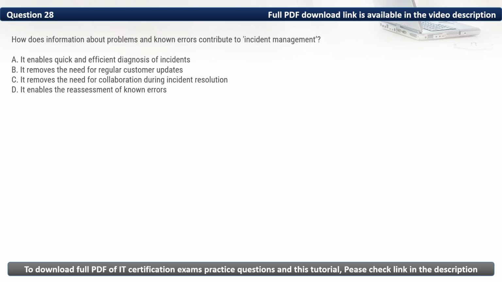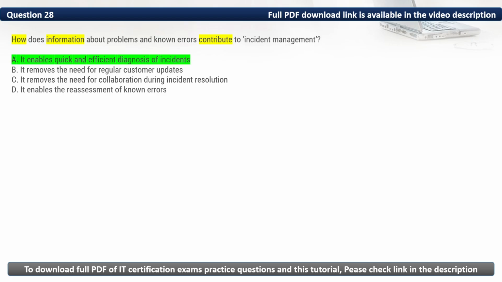Question 28. How does information about problems and known errors contribute to incident management? The information about problems and known errors contributes to incident management as it enables quick and efficient diagnosis of incidents.